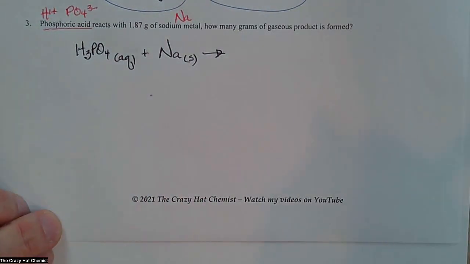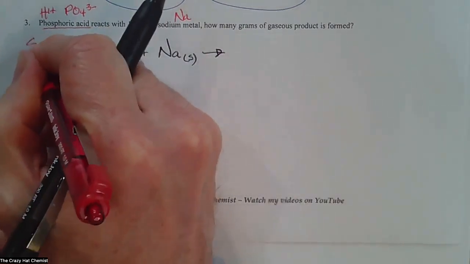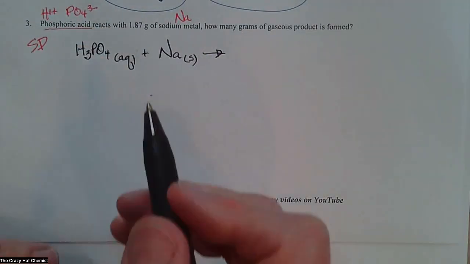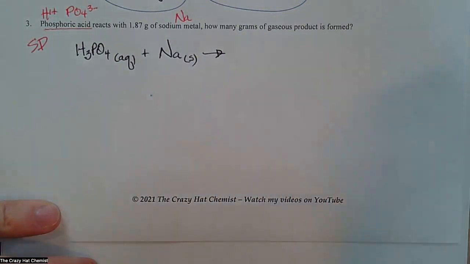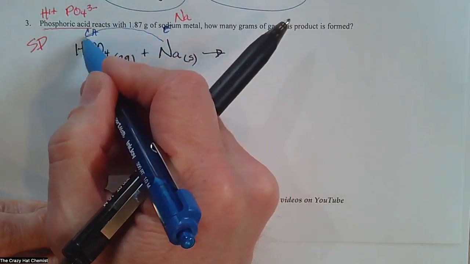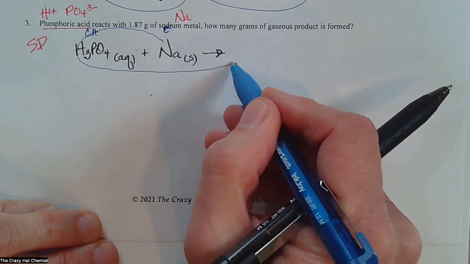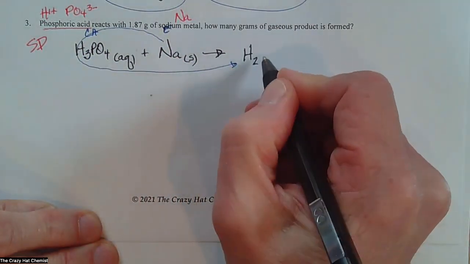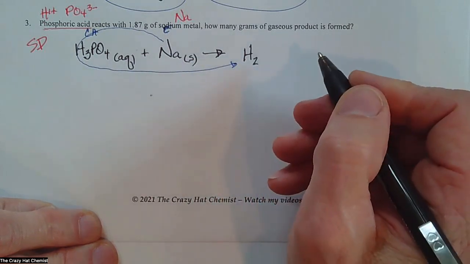And what type of reaction is this? This is a single displacement reaction, just like the last one. I see an element right here in sodium, and I see a compound. This element of sodium is going to displace the hydrogen, and then you're going to get hydrogen on the product side. That will be H2, and that's an element in its standard condition.